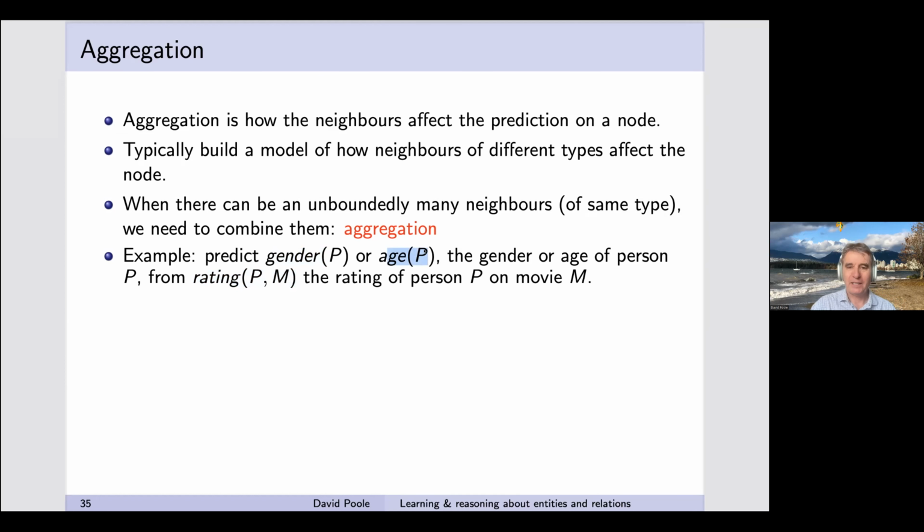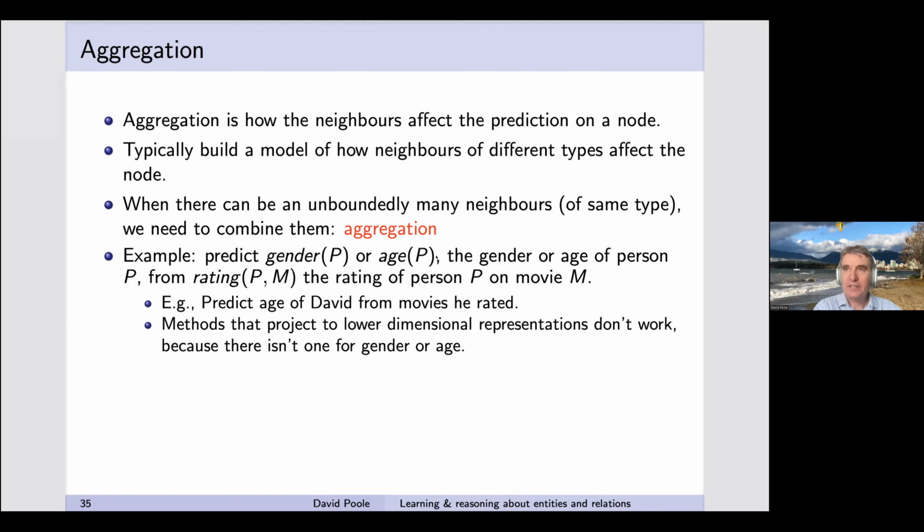My class project ended up as a paper in the Statistical Relational AI workshop, and nothing really works here. So could you predict my age from the movies I rated? That's the challenge, right? And the trouble is that lots of the things that we think about doing just don't work.